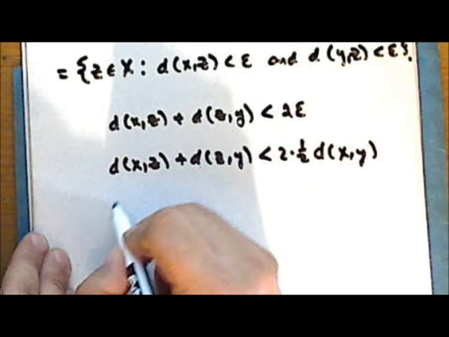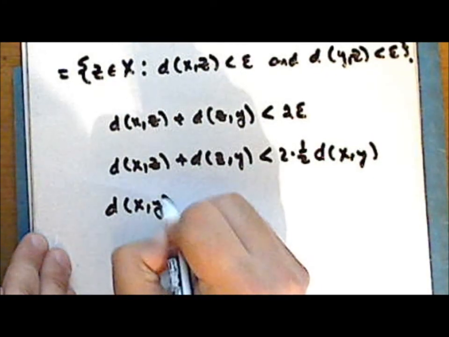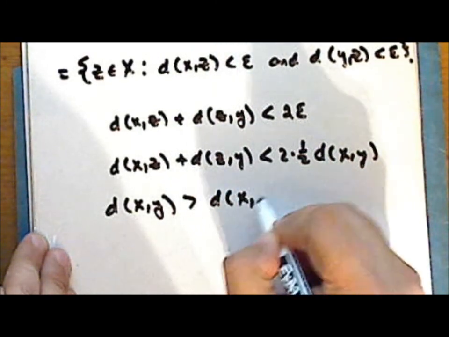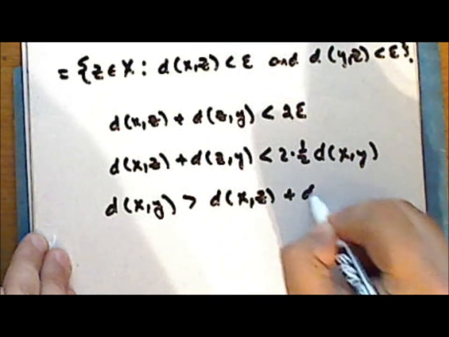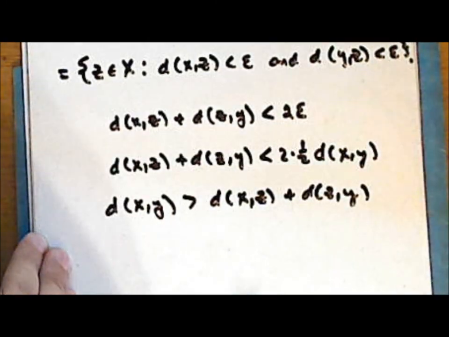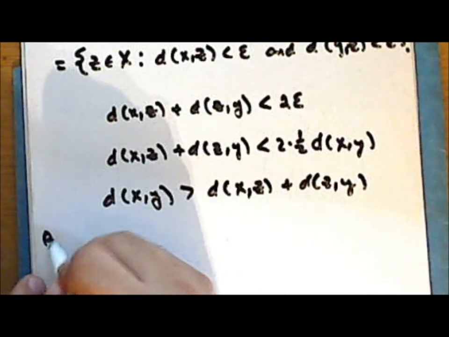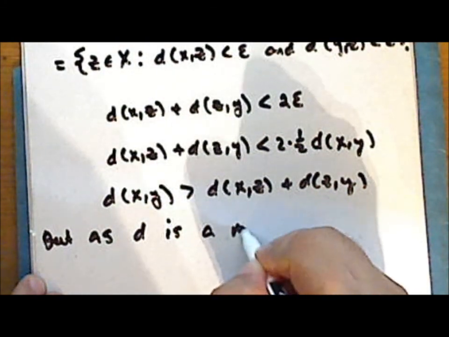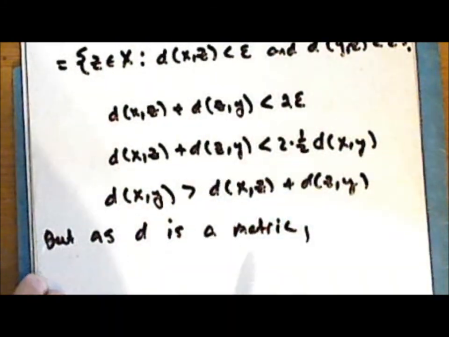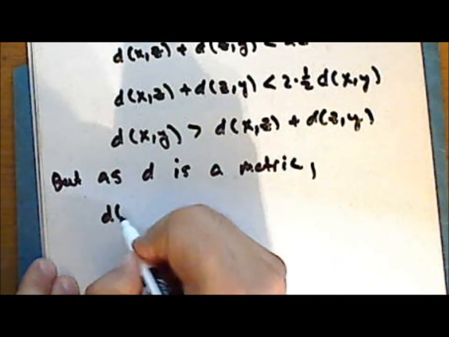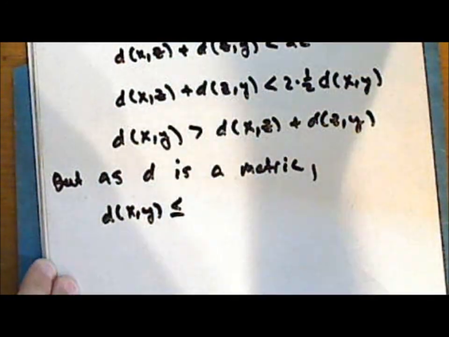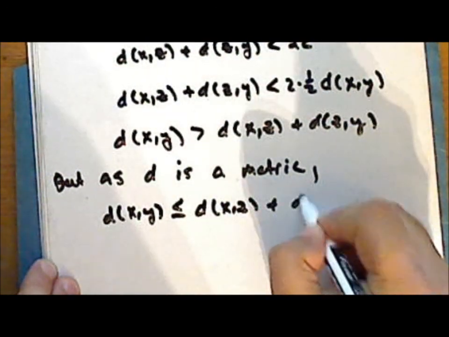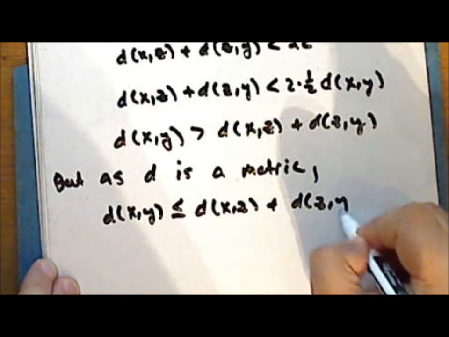And so we have that the distance from x to y is greater than the sum of the distance from x to z and the distance from z to y. But as d is a metric, we have that the distance from x to y is less than or equal to the sum of the distance from x to z and from z to y.